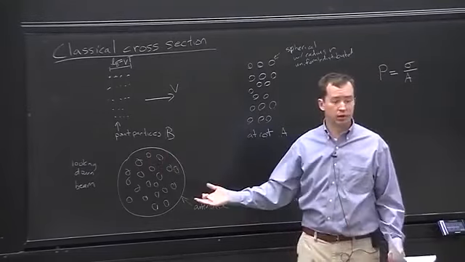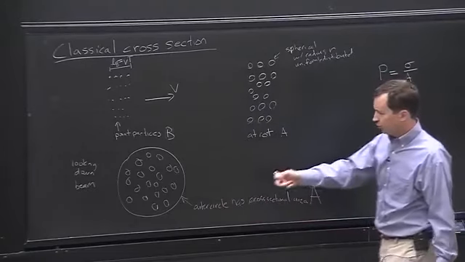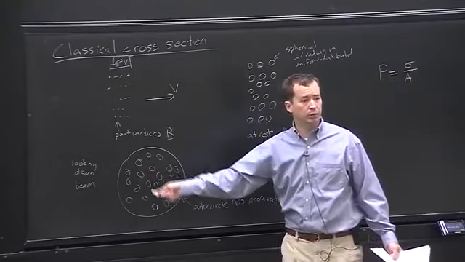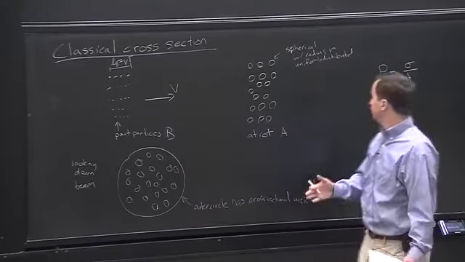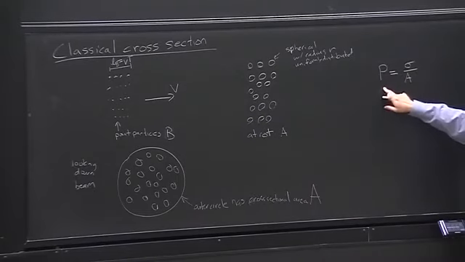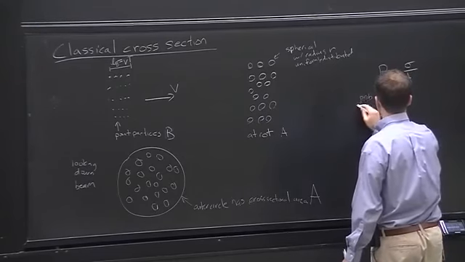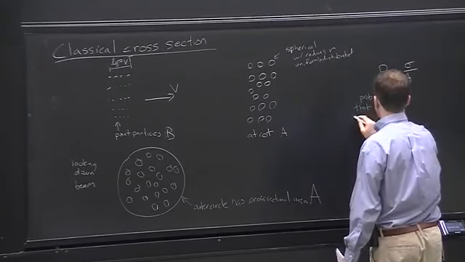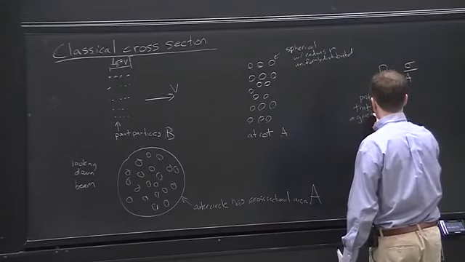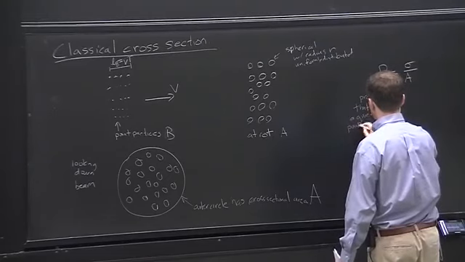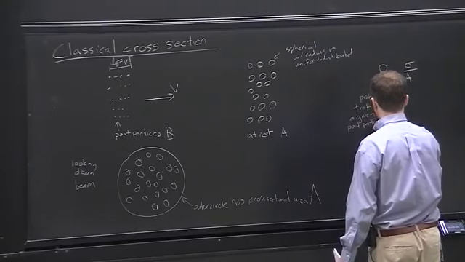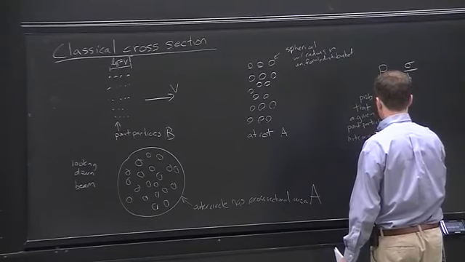We can neglect that, and these particles are dilute enough that they're not overlapping. But with those assumptions, this will be the probability that a given point particle hits a given target particle.